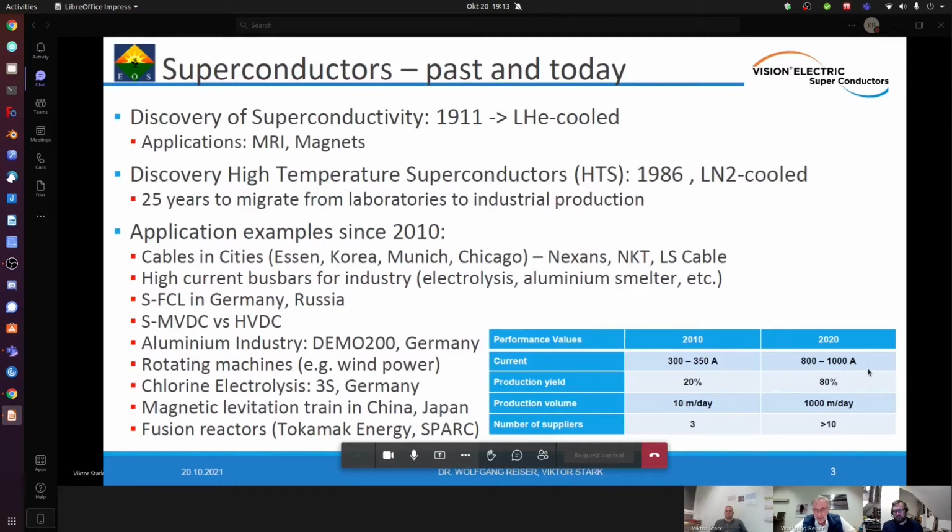Yes, okay. A few years ago, when I started with superconductivity, we had tapes that were able to carry about 150 amps, which is much more than any copper can take on the same cross section. Today, we are in a region of 1000 amps.